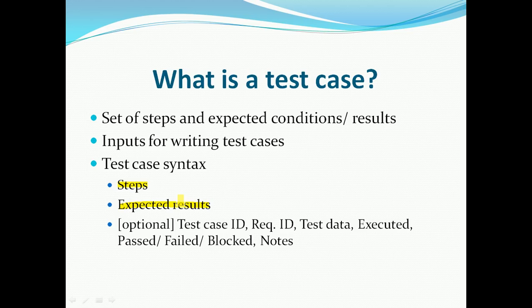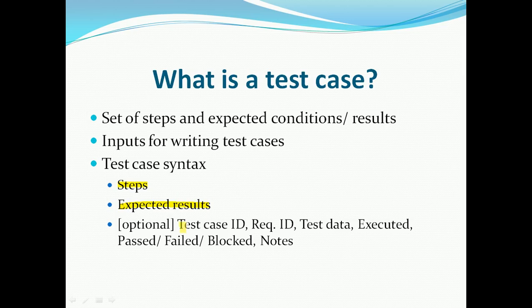Now steps and the expected results are the bare minimum data that should be present in the test case. The very simple test case is going to have steps and it is going to have expected results. Depending on the format or the template of the test case being used in the organization or the team, you may have certain other data items therein.